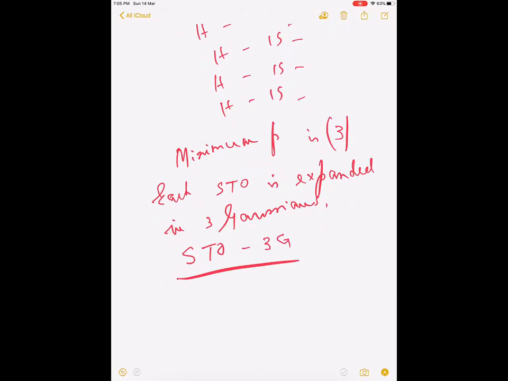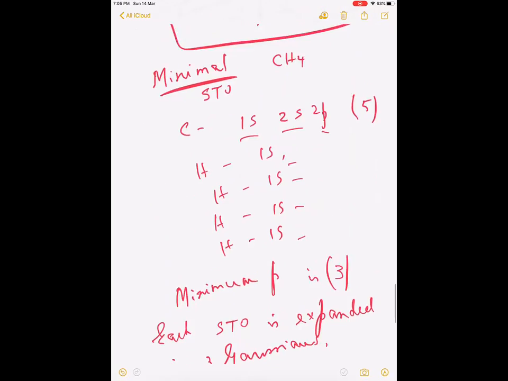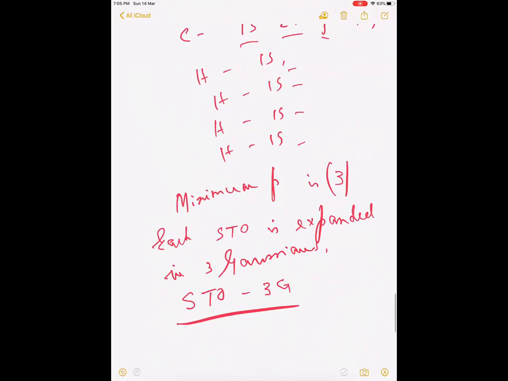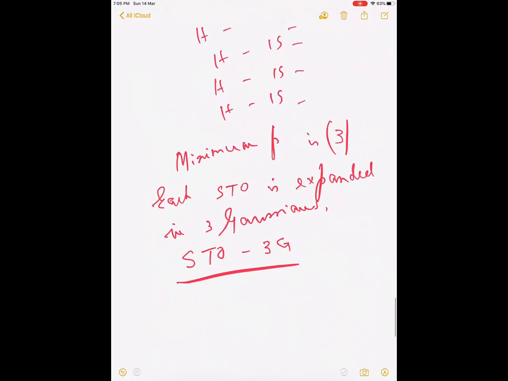Now I'm going to give a new nomenclature which will include the number of Gaussians and the number of Slater orbitals. So when I write STO3G, it is a minimal basis with each basis function expanded in terms of 3 Gaussians. These are all nomenclature, so please understand, we have convenient acronyms for each basis.